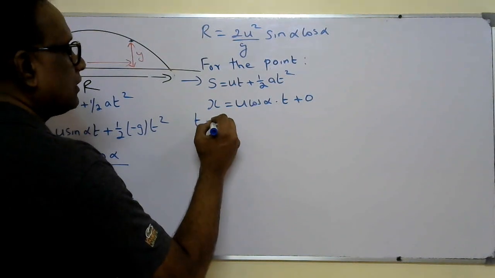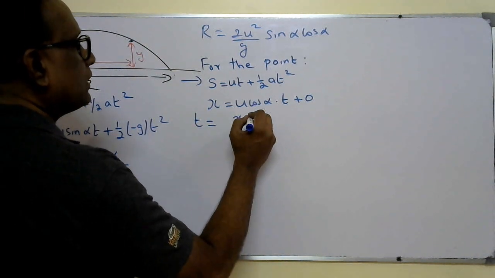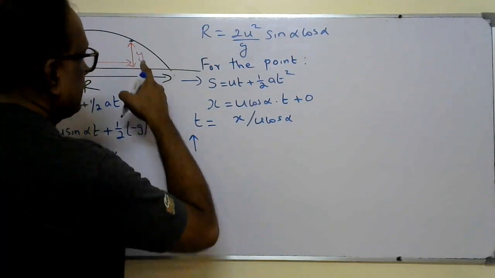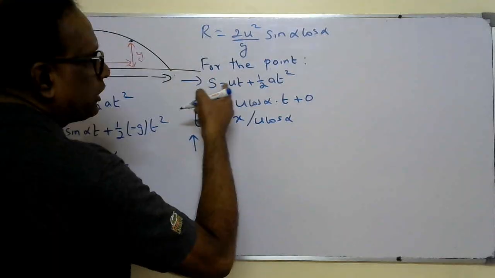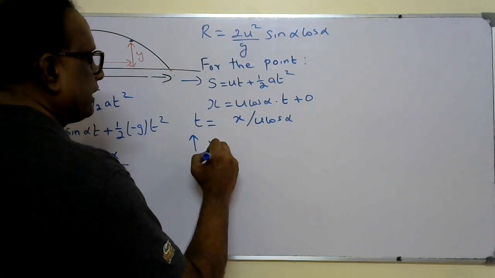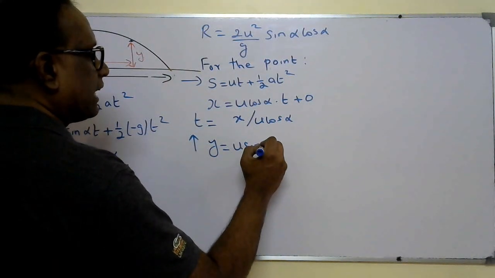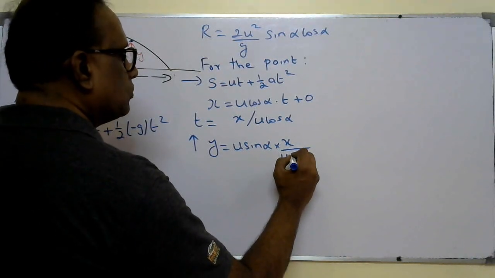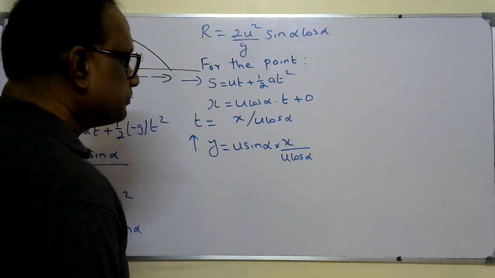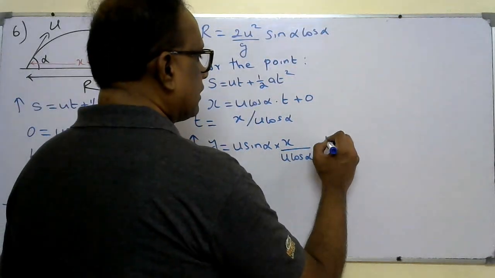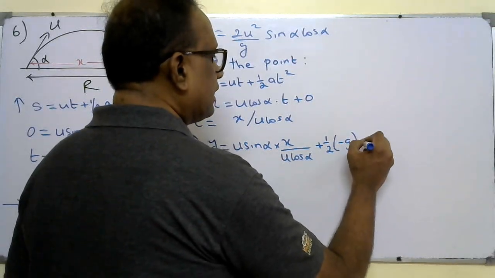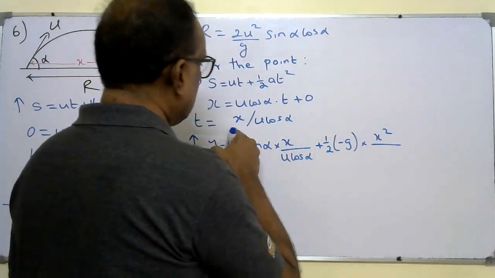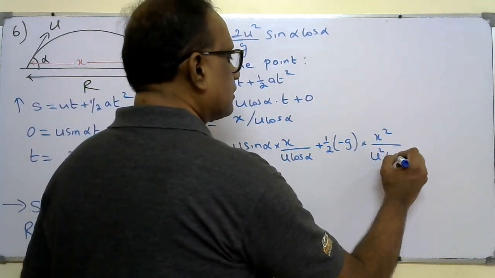So t will be x over u cos alpha. When you consider vertical displacement for the point, s equals ut plus half at squared, I am going to use. So y equals u sine alpha into, instead of time I can substitute x over u cos alpha, plus half into minus g t squared. So same thing we are doing again, x squared over u squared cos squared alpha.